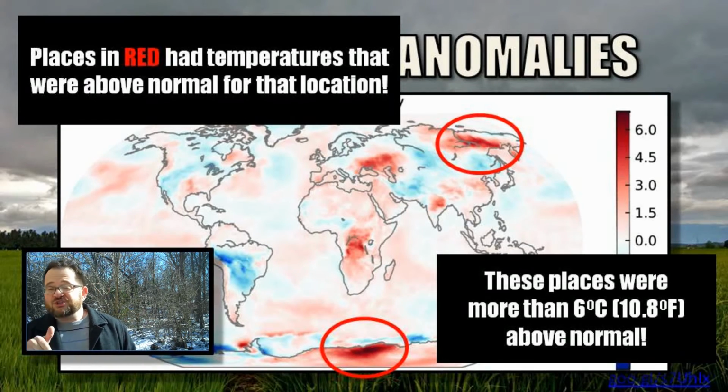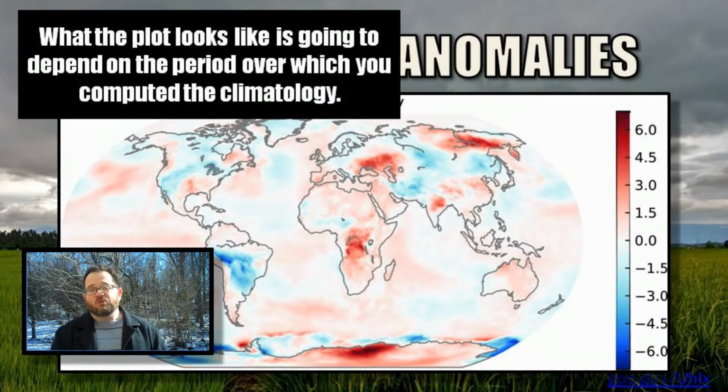Now, what this actual plot would look like will depend on what you chose to use for your climatological reference temperature. I believe this plot was based on a fairly recent 30-year period. June 2009 was being compared to a climate that was already fairly warm. So to be warmer than that normal 30-year period is quite a lot. I mean, that was already a pretty warm period.